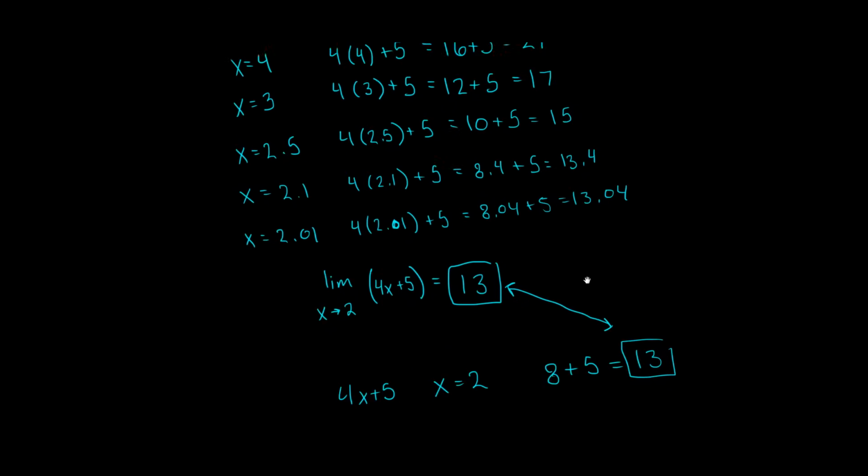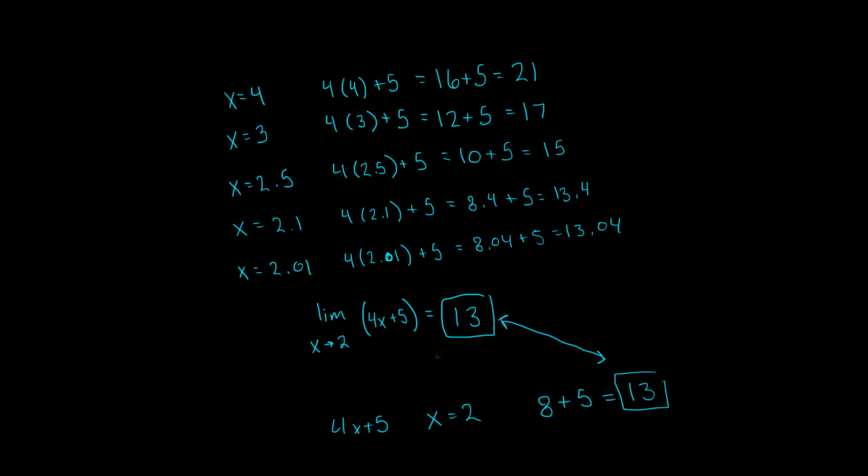But this is just another way of doing it, and in future videos I'll show you times in which you can't just plug a number in to find the estimated value at a certain x value. I hope this video helped, and as always, happy studying.